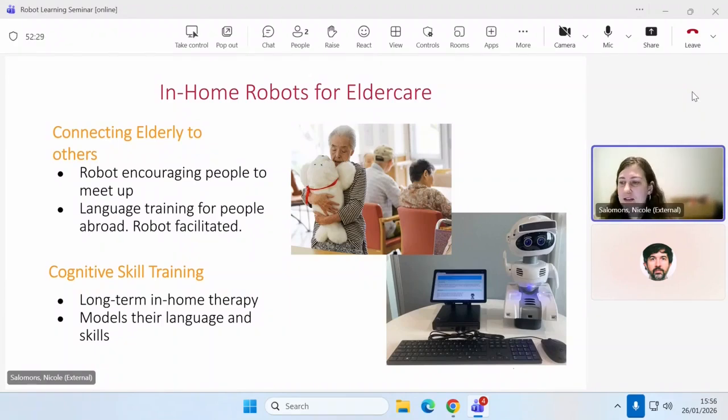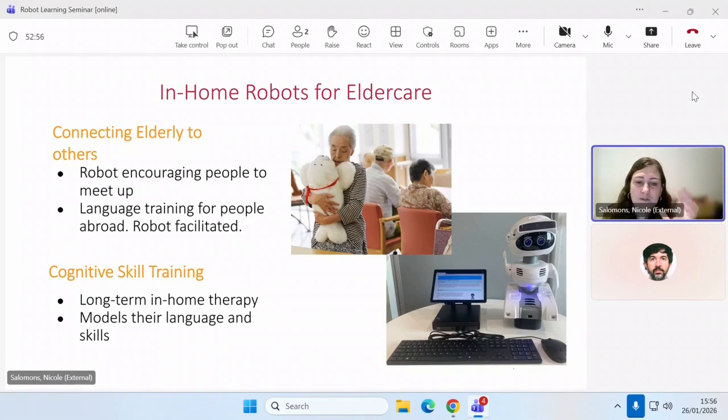And then I have a second student who's looking at cognitive skill training. So specifically, can a social robot provide social skill training for people with dementia? And we are using this approved therapy that's actually, I think, developed by people at UCL in the psychology department, if I'm not mistaken. But it's called cognitive stimulation therapy.